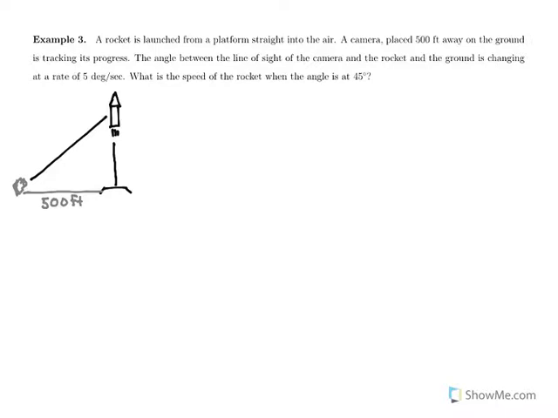Let's label everything we have. What are we looking for? Well, it says, what is the speed of the rocket when the angle is at 45 degrees? What is the speed of the rocket? So let's call it x, the distance off the ground of the rocket. That's going to tell us the speed that it's changing.